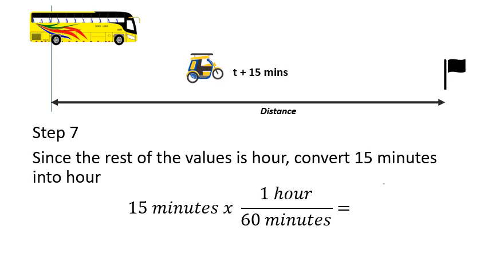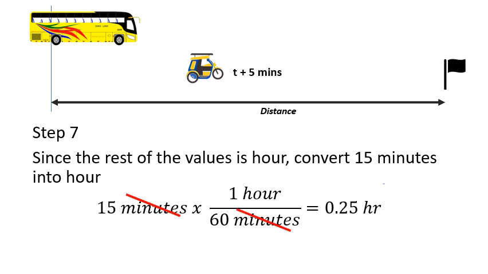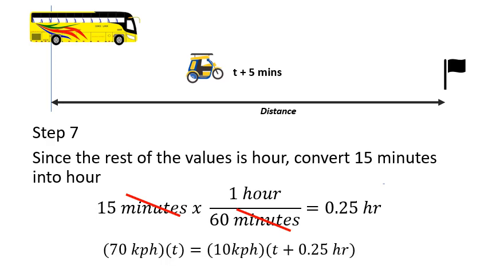That is equal to 15 minutes times 1 hour in every 60 minutes. And that gives us 0.25 hour, or 15 minutes is equal to 0.25 hour. And so now, therefore, the time of the tricycle is equal to t plus 0.25 hour.